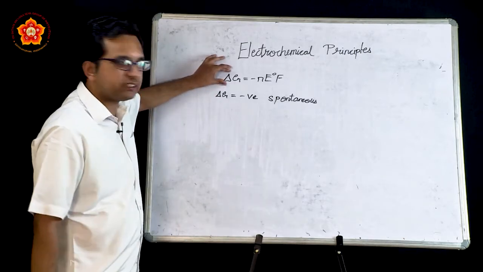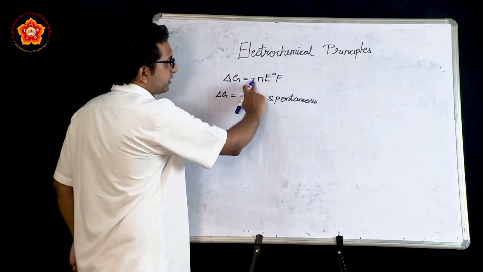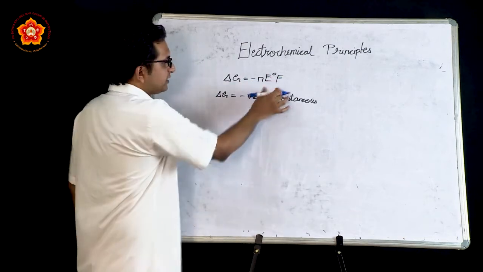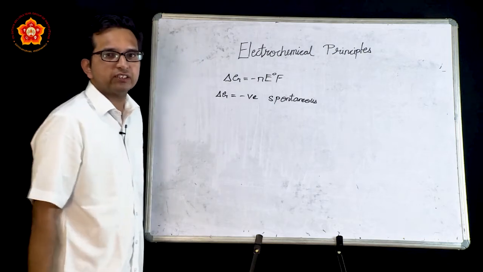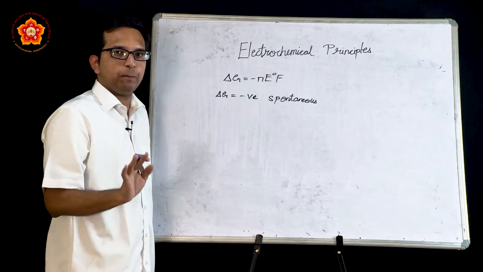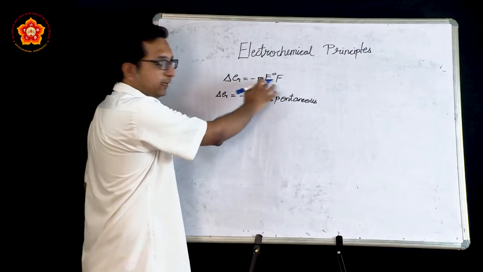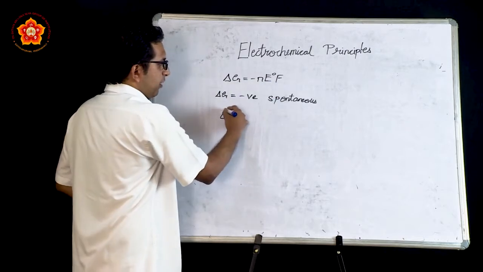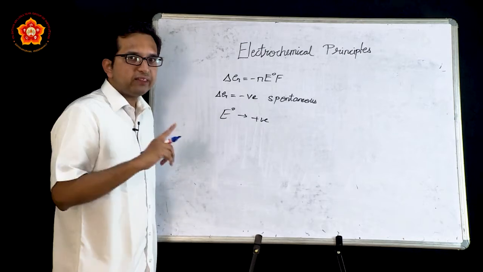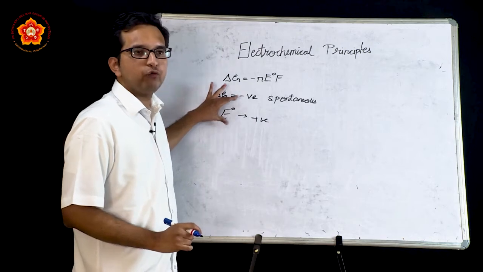Once again, when we see the equation, delta G is given by the negative of n, F and E. F is a constant of 96,500 coulomb or so. n is a number of electrons which will naturally be positive. So if this entire factor has to be negative, then E naught compulsorily has to be positive, which means that a combination of electrodes should finally give you a positive value.